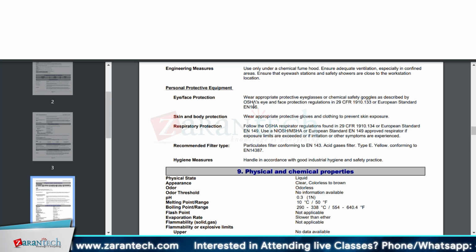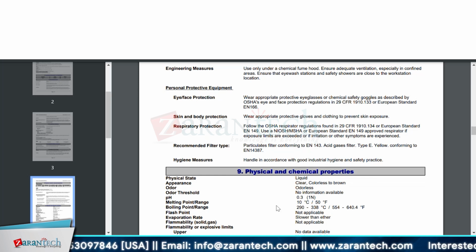And these are the phrases: wear appropriate protective eyeglasses or chemical safety goggles as described by OSHA's eye and face protection regulation in 29 CFR. So we got the phrases. Don't worry, I'll give the definitions for the phrases also, so you can easily understand that.